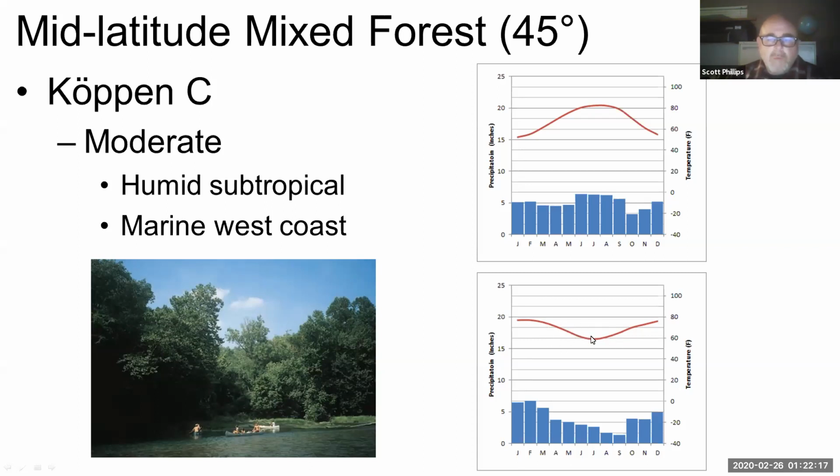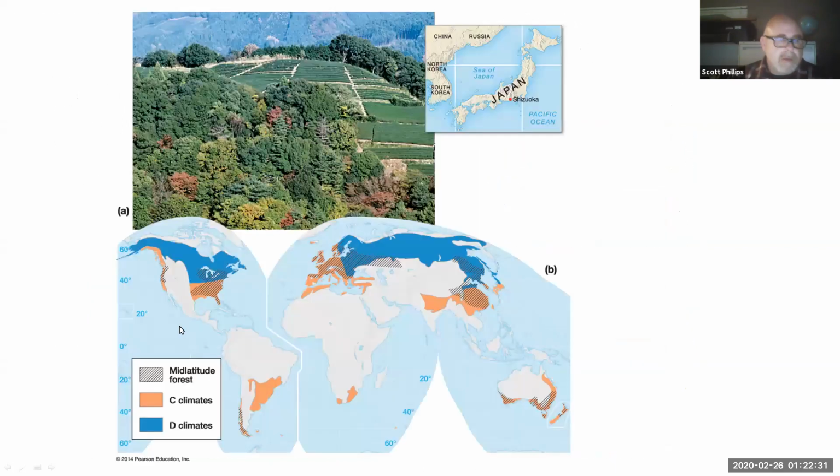This is a bit wetter than Mediterranean. Actually, this is not marine west coast. This is a southern hemisphere example of humid subtropical. But if we look back, these are the climates. In the south, it's Mediterranean. Northern California up, it's a bit more marine west coast.